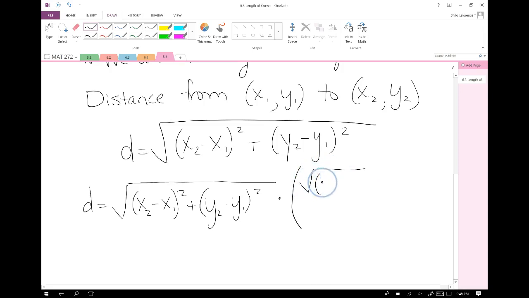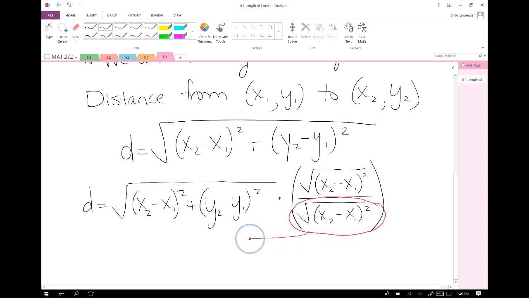And it is the square root of x2 minus x1 squared over the square root of x2 minus x1 squared. We've got the exact same expression in the top and the bottom, so it has a value of 1. Now I'm going to take the one that's in the denominator, and because it's under a square root, I'm going to go ahead and combine it with the stuff in the first square root.